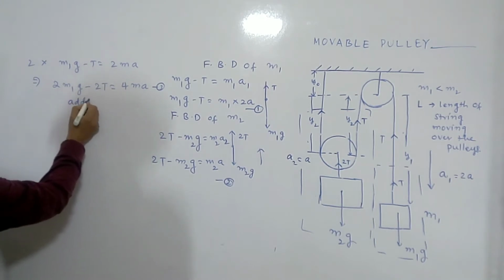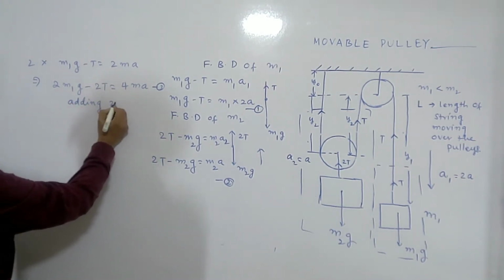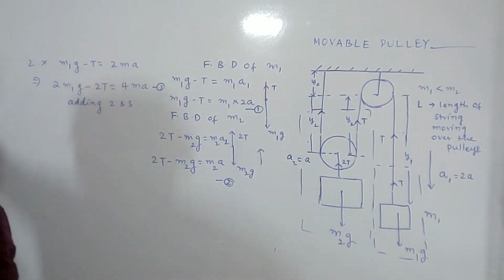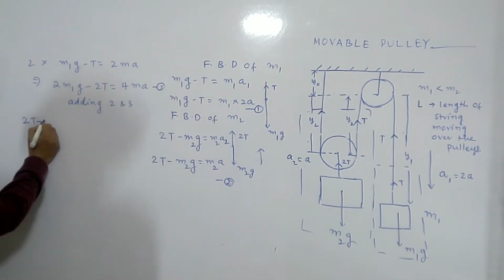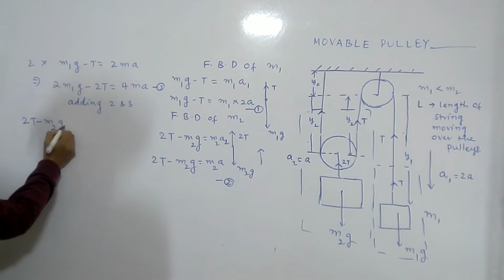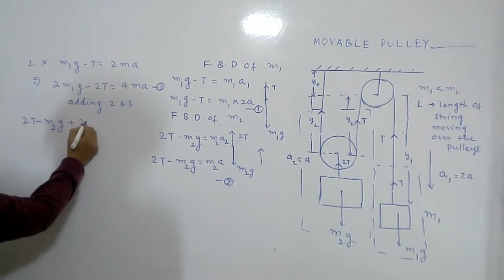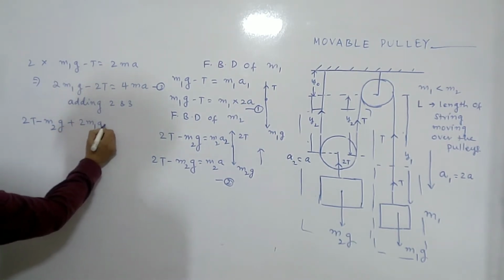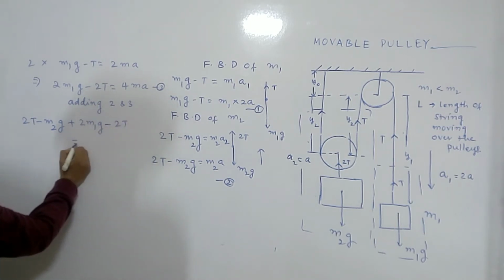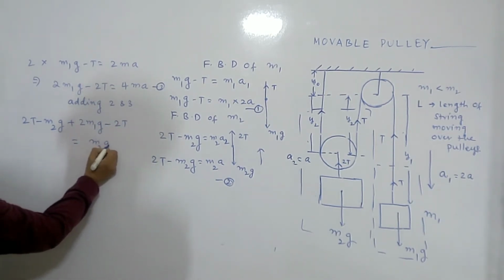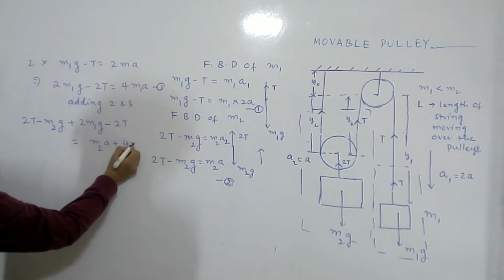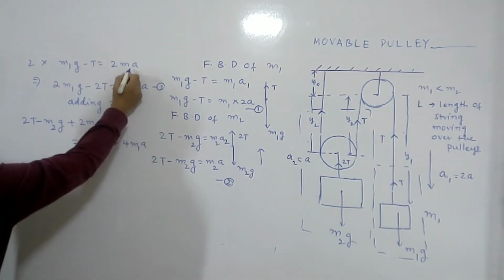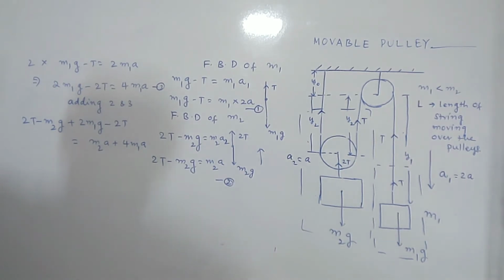Adding 2 and 3, what do we get? 2T minus m2g plus 2m1g minus 2T is equal to m2a plus 4m1a. Isn't it, students?